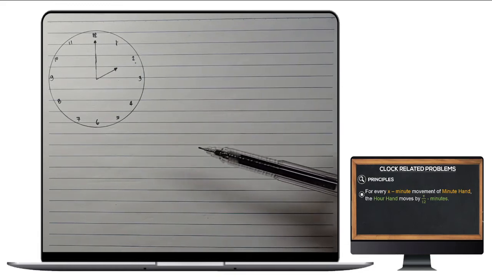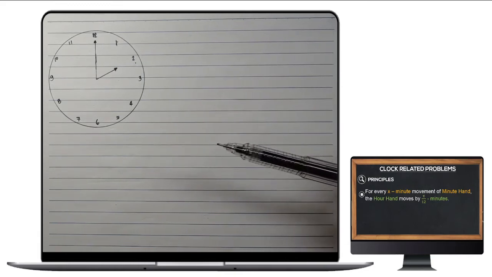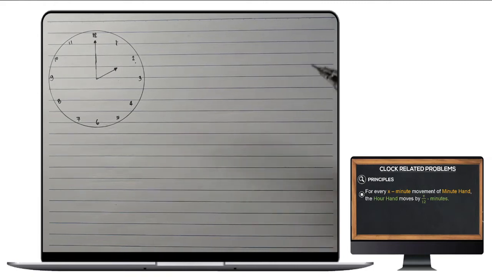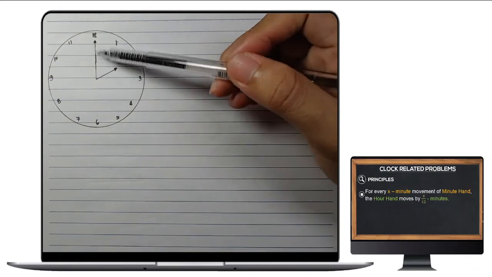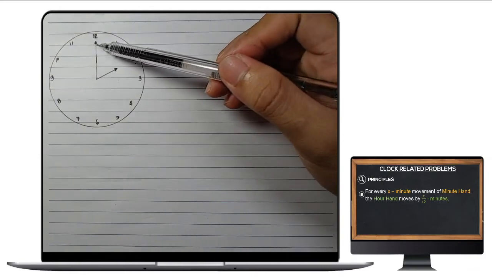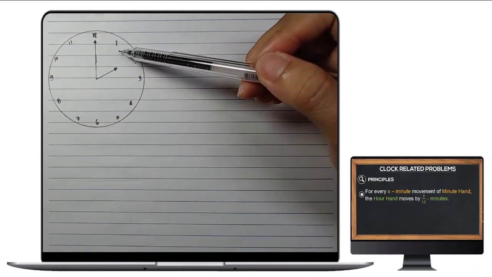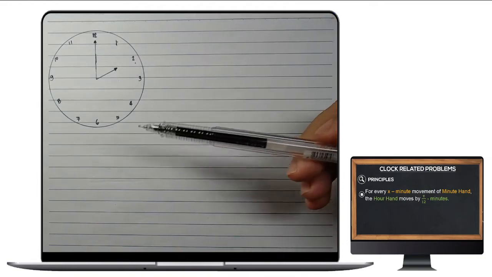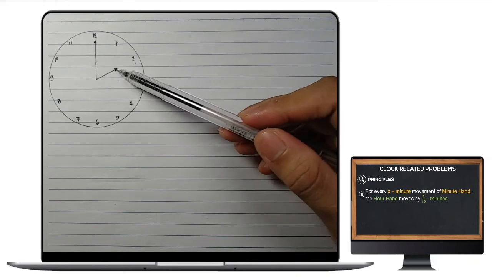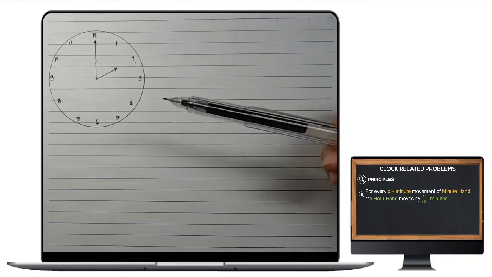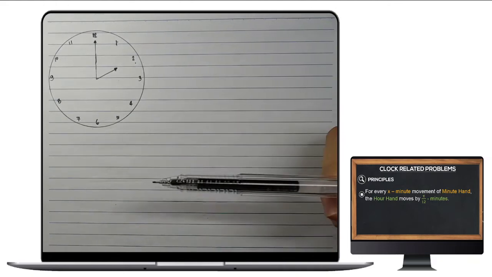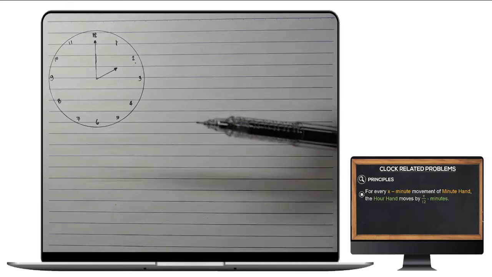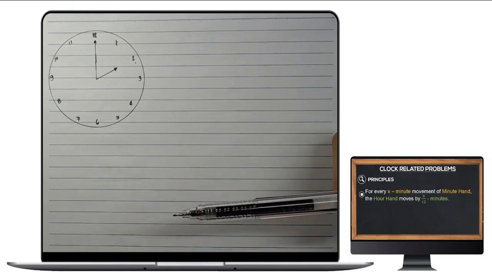Okay, so let's say for the first principle, for every x minute movement of the minute hand, so yung mas mahaba, so the longer tip, so yung minute hand natin, for every x movement or let's say for every minute na magmo-move si minute hand, simultaneously or kasabay niya, magmo-move din si hour hand. So, by an x over 12 minute.